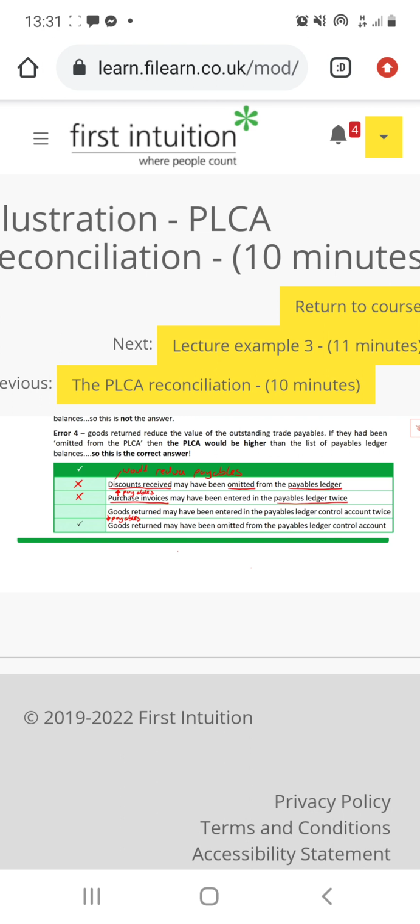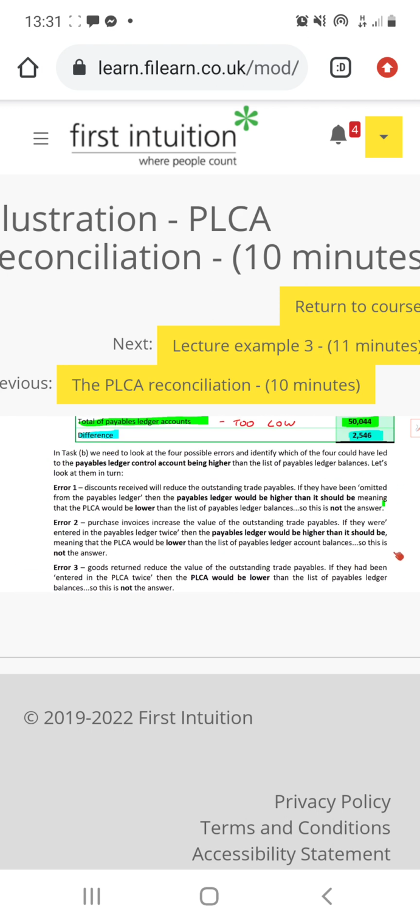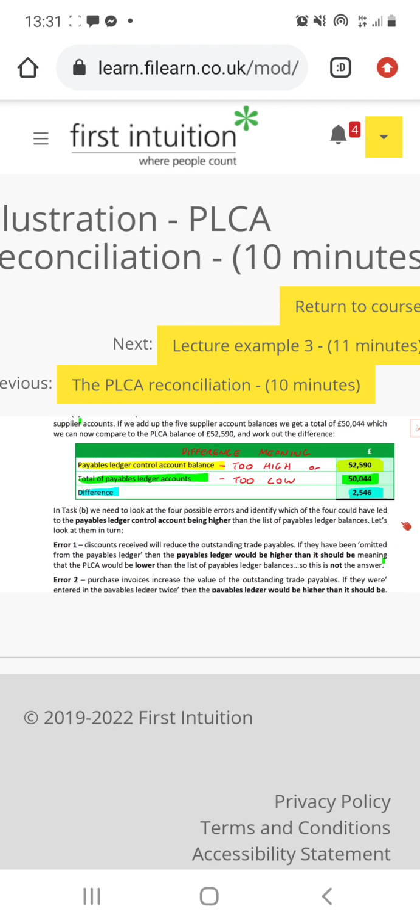Now, they've suggested that they could be in the payables ledger control account balance twice. So in other words, we've reduced the payables ledger control account balance down once because we posted some credit notes, and then we've accidentally gone and done it again. So what I'd be expecting to see now is that payables ledger control account balance is far too low because it's effectively been reduced down twice. We've debited that balance twice.